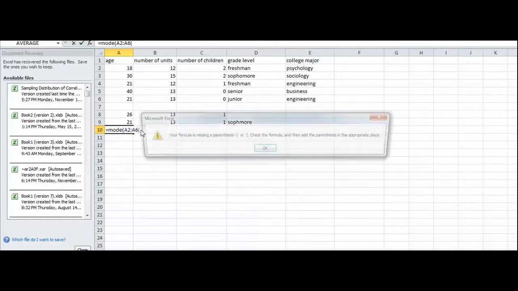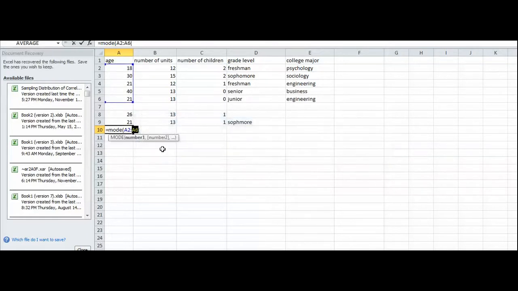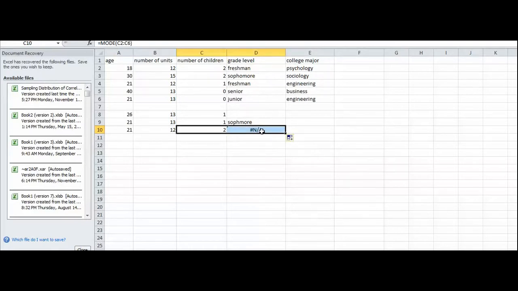I think I made a mistake. I typed in the wrong parentheses. We can drag it across to get the modes of these columns. I'm not sure if it can calculate the mode of a column of ordinal or nominal data. We'll drag it across and see what it does. No, it can't do it.